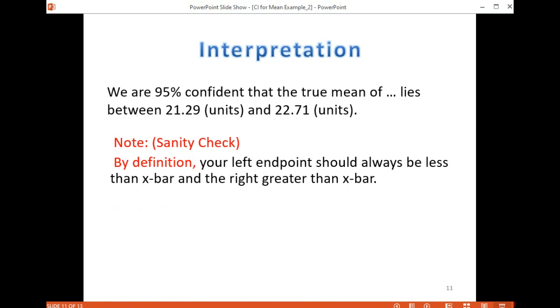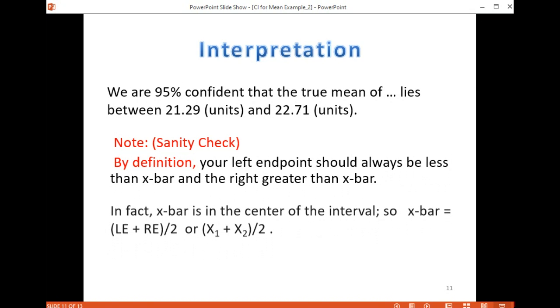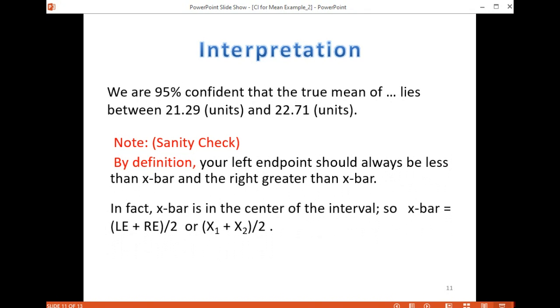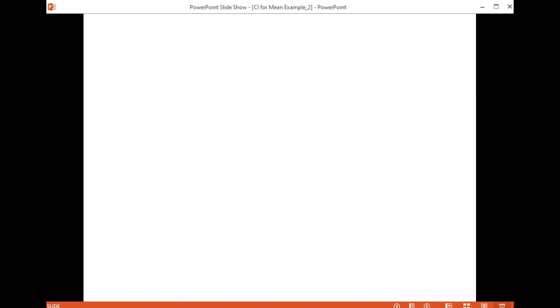As a matter of fact, x bar is sitting in the middle. So if you add them together and divide by 2, you should get x bar. Other than that, you have done something wrong. Okay? So I'm writing that down here. In fact, that x bar is in the center. So if you take the two endpoints and add them together and divide by 2, you should get x bar.